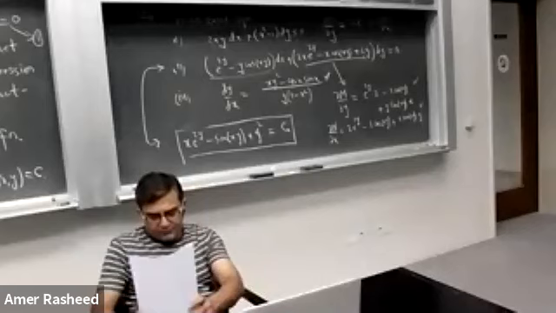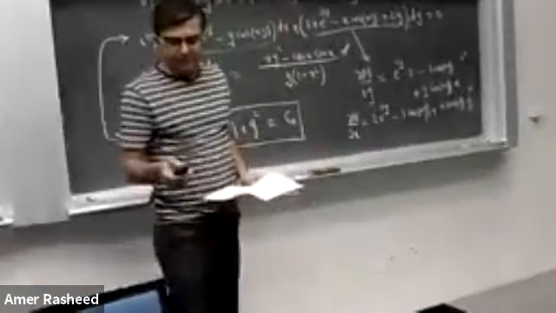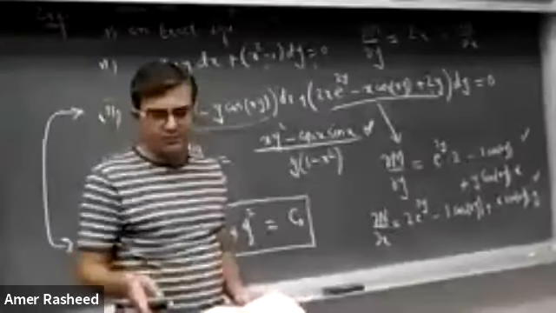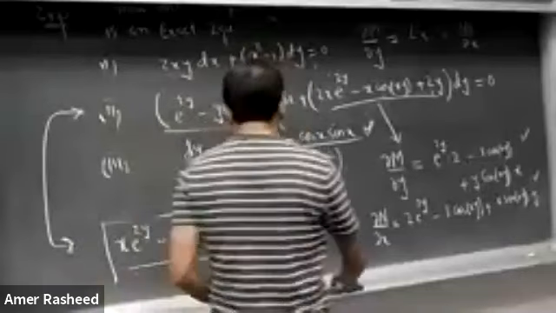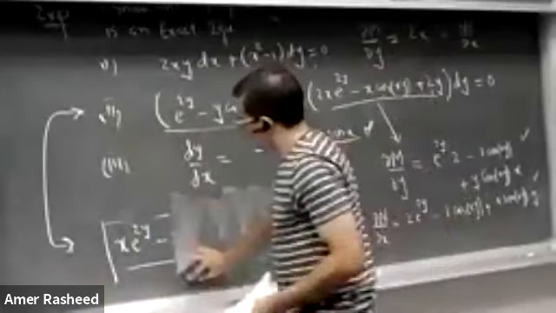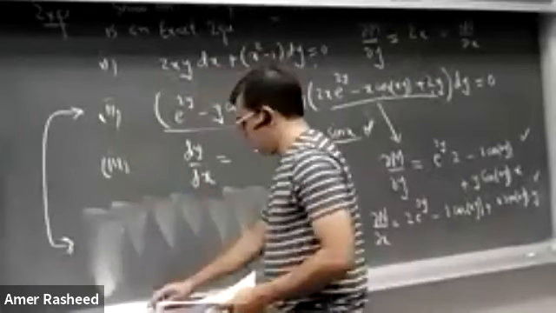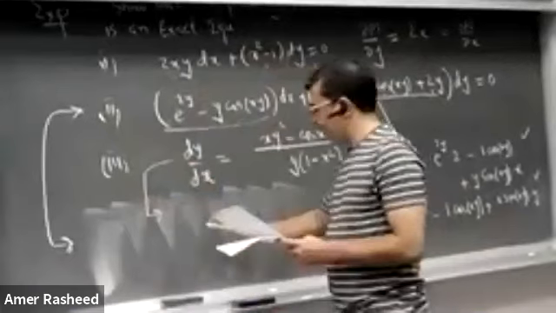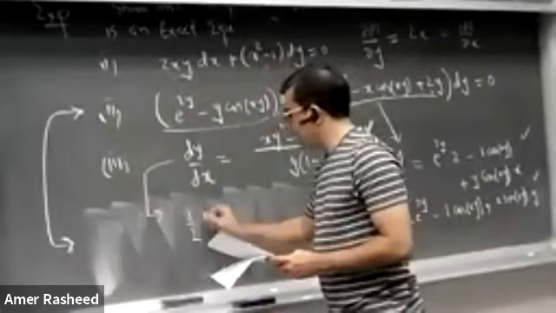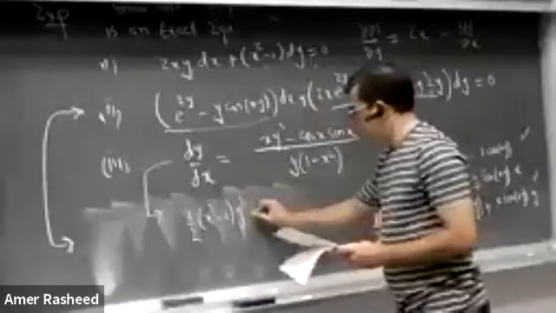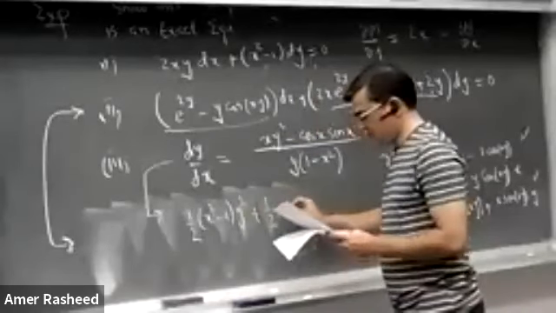Let me write the answer for you guys so that you can compare it with your one. So the answer to this exercise is 1 by 2 x square minus 1 y square plus 1 by 2.